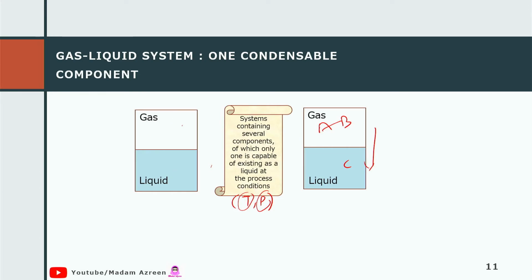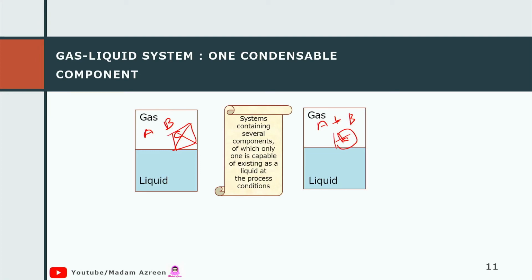Okay, so why do we have to consider that kind of system? It is because if we want to do a separation, again, for example, we have A, B, and C, and we want to separate C from the gas, right?